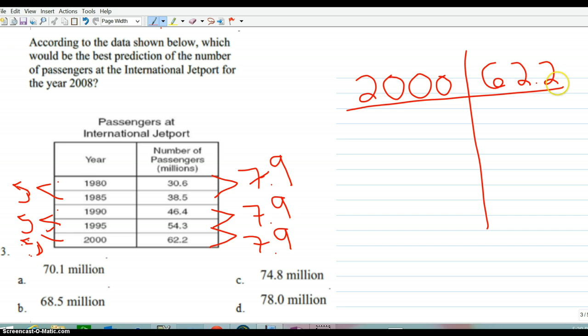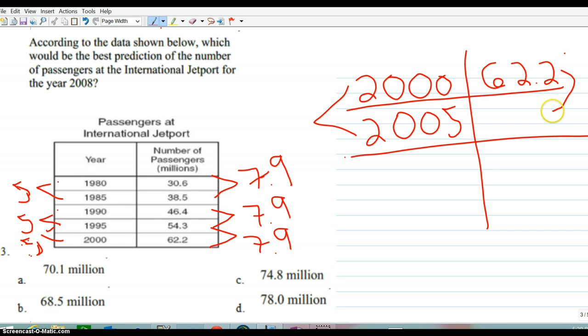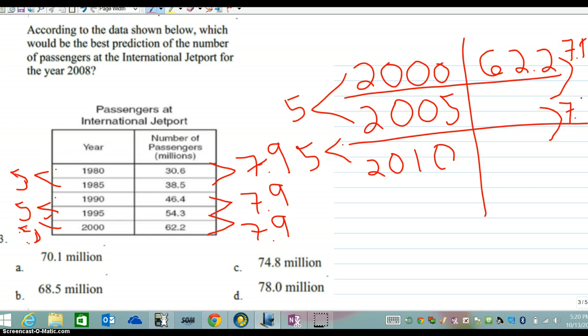62.2. If I add 5 on this side, I get to 2005. I would have to add 7.9 on that side. If I add 5 again to get to 2010, I would have to add 7.9 again. And very quickly, my pen is not cooperating.